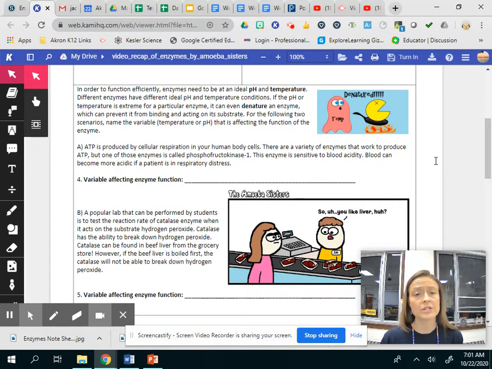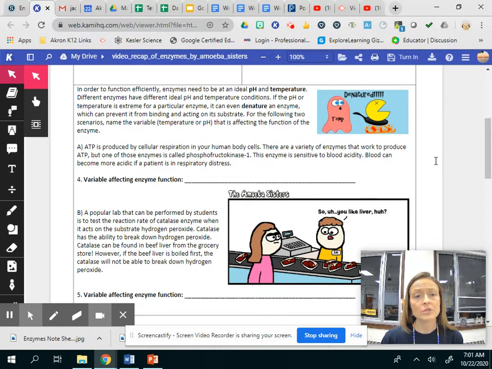So in order to function efficiently, enzymes need to be at an ideal, which is like the perfect, pH and temperature. Different enzymes have different ideal pH and temperature conditions. If the pH or temperature is extreme for a particular enzyme, it can even denature an enzyme, which means make it fall apart, break it, which can prevent it from binding and acting on its substrate.